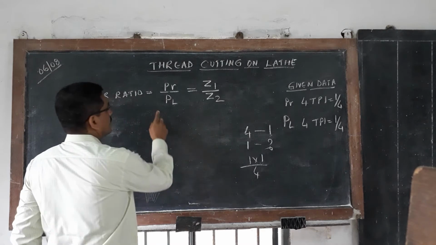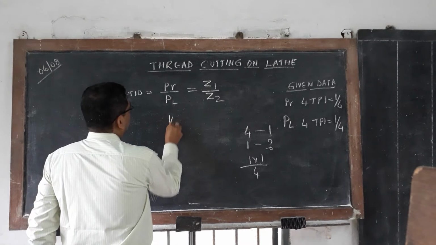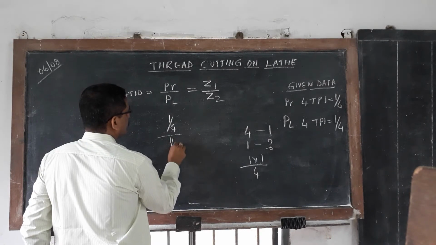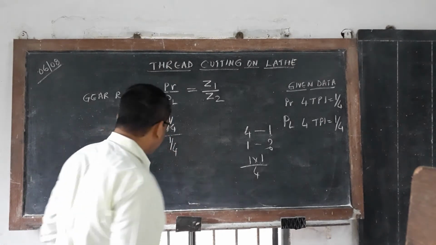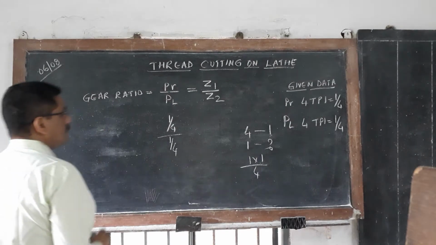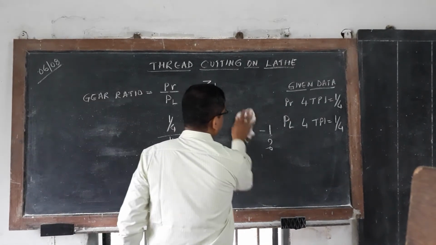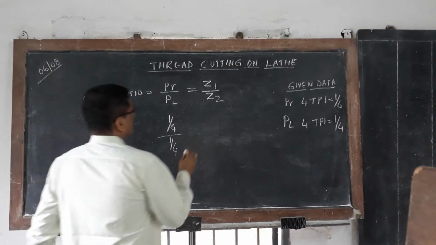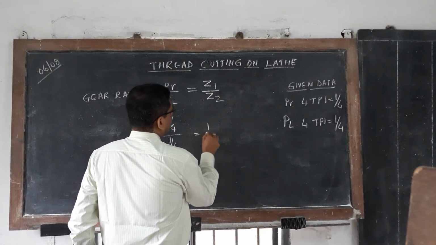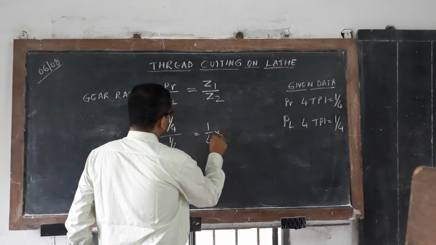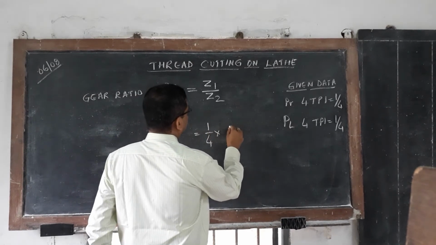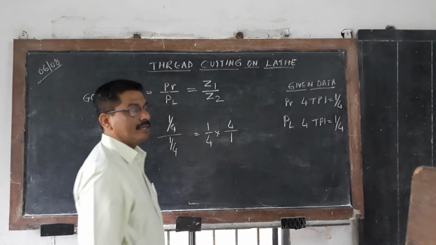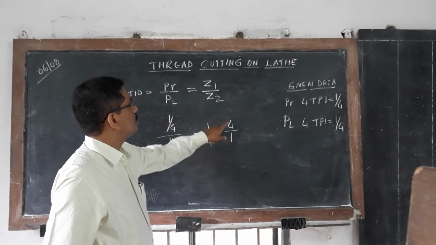Pitch required, 1 by 4, divided by pitch of the lead screw, 1 by 4. You have to do cross multiplication. So it is 1 by 4 into 4 by 1.